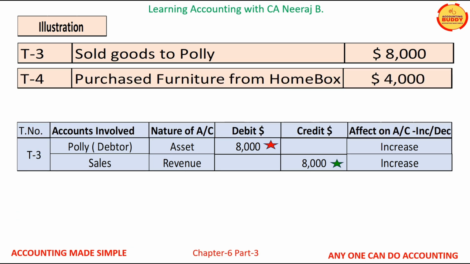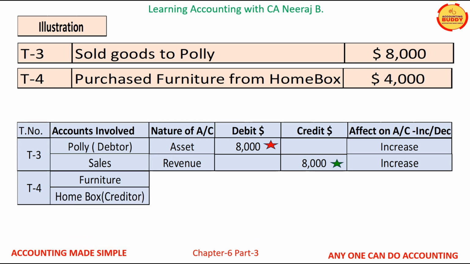Transaction T4 is furniture worth $4,000 purchased from Homebox. Two accounts involved in the T4 transaction are the furniture account and the Homebox creditor account. Furniture is an asset while Homebox is a liability account.